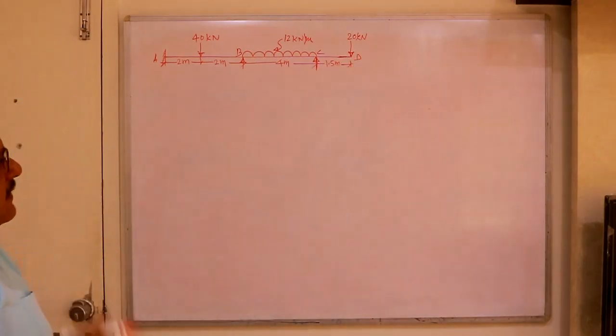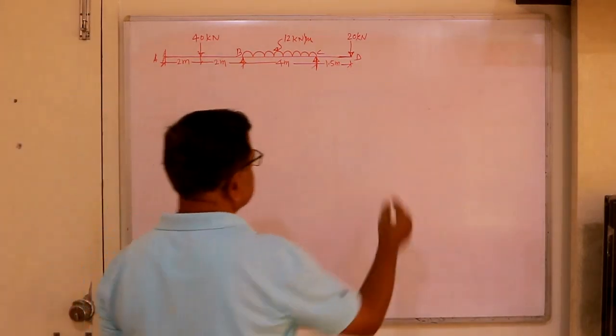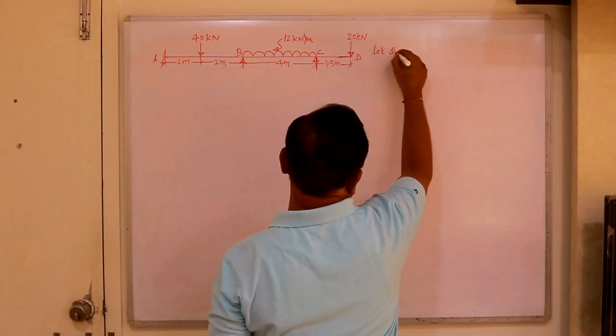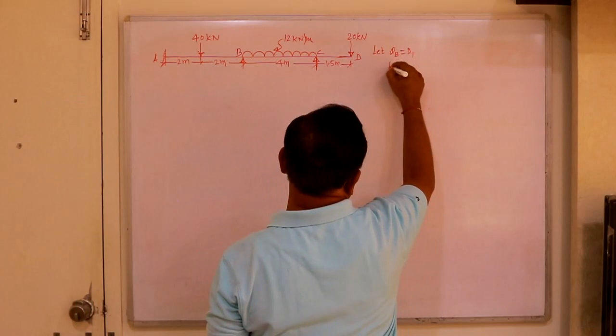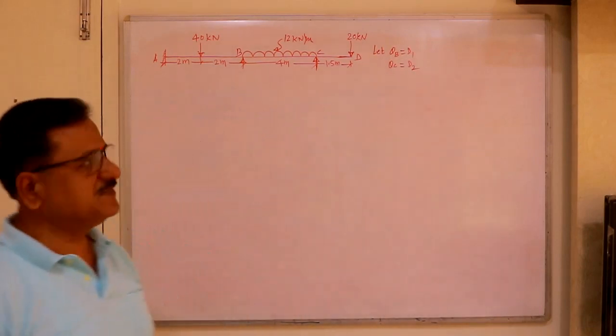Again, the independent joint displacements are to be considered as unknowns, means theta B and theta C will be the unknowns. Let theta B equal to D1, theta C equal to D2 be the unknown displacements.